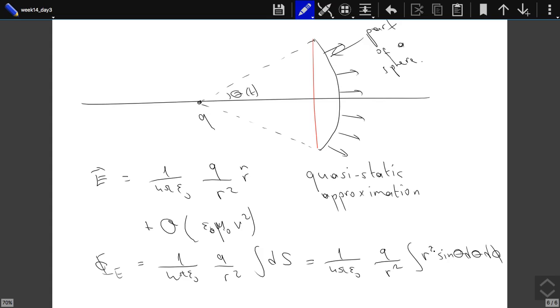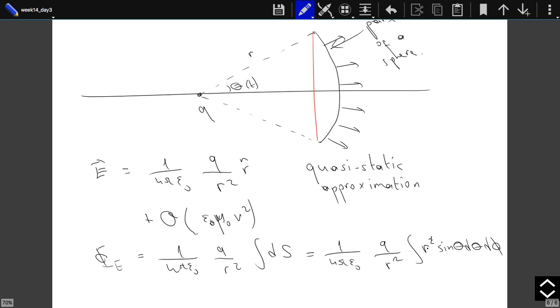It's the radius of the sphere squared, which is r. So this r squared cancels this r squared. And I have 1 over 4 pi epsilon 0 q. Well, the theta integral of sine theta, theta goes from 0 to theta of t.